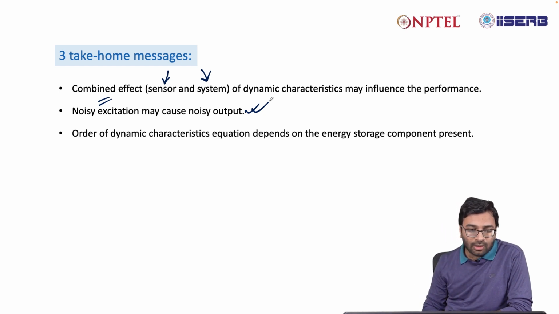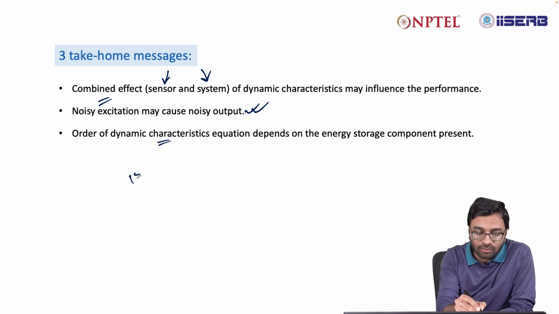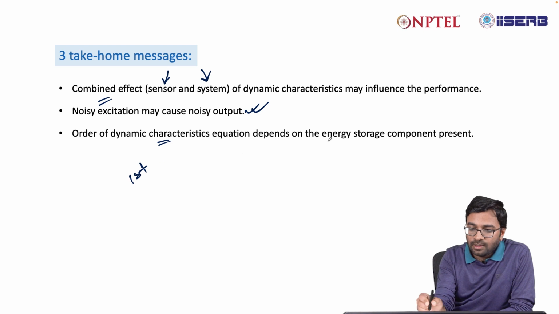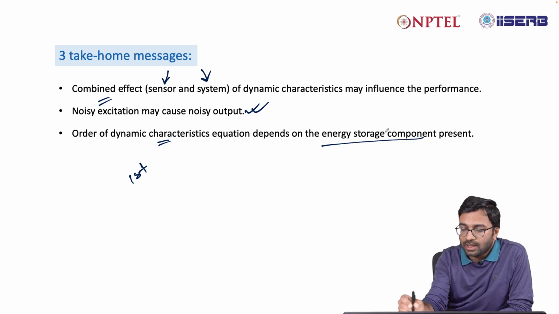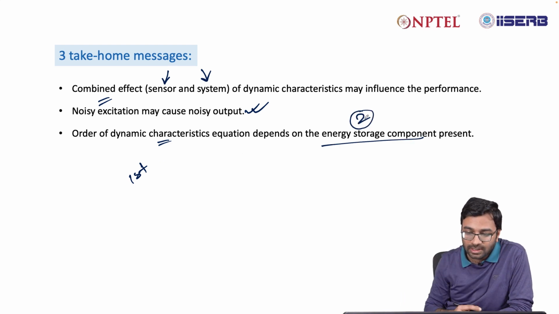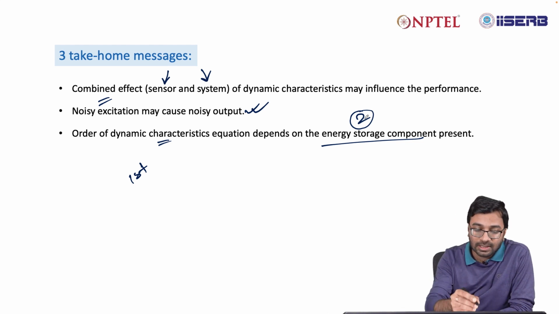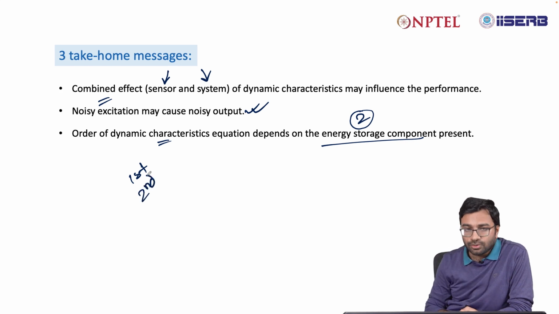And then the order of the dynamic characteristics equation depends on the energy storage components present. What I mean by that is, if there is one energy storage component in your system, you'll find that your dynamic characteristics is a first order equation. If the number of energy storage components is 2, as we have seen in the case of MEMS devices, in that case the dynamic characteristics will be of second order, and so on and so forth.